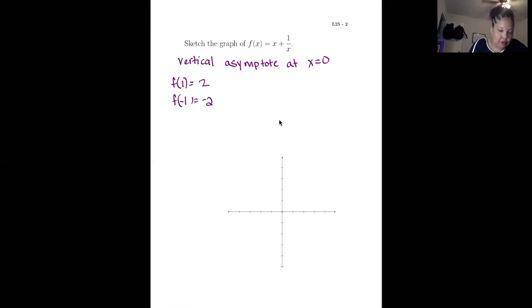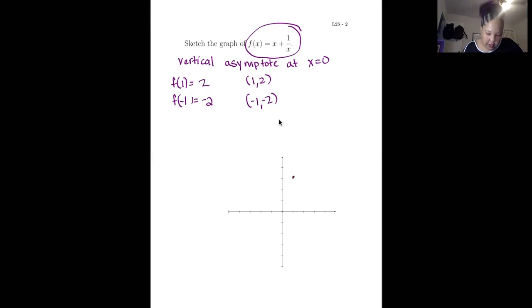I plug that into my original function. So I have the point (1, 2), and I have the point (-1, -2). So I'm going to put those points on there.